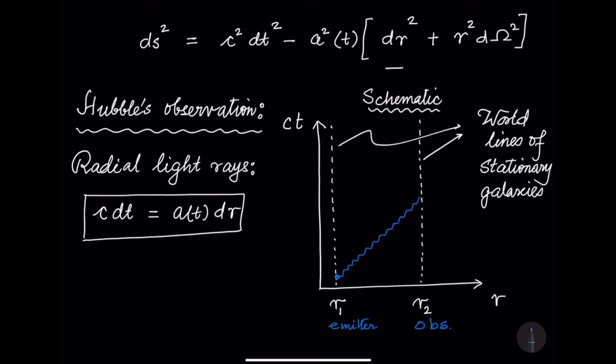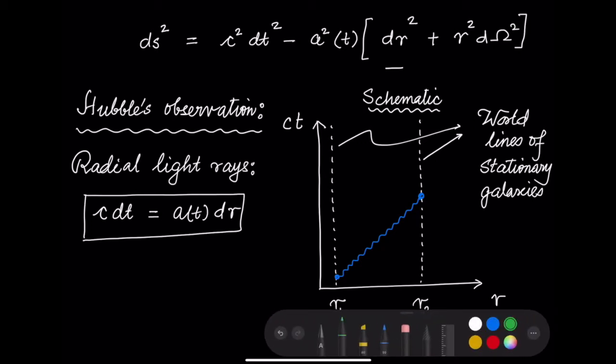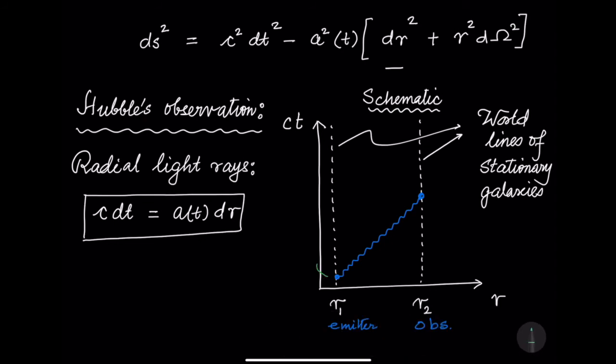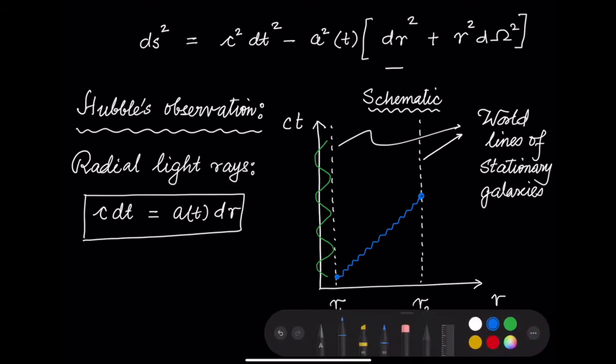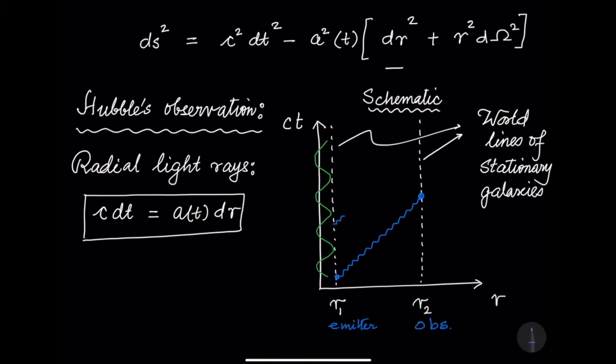This light is emitted, and it has reached here. I'm just drawing the spectral line here, which you can think of as an oscillation. With time it will oscillate, like a pendulum, for example. At one crest you have sent this light ray, and at the next crest you send the other light ray.